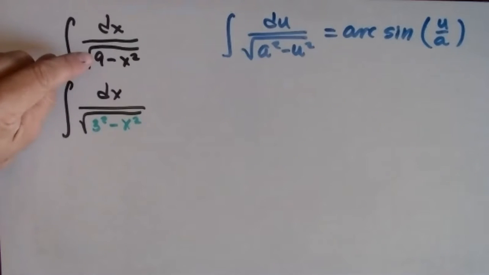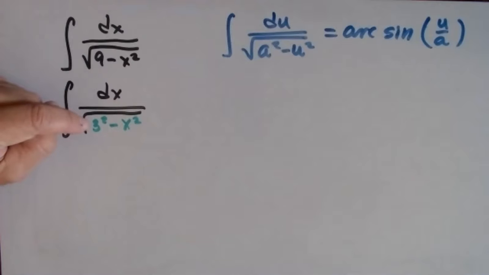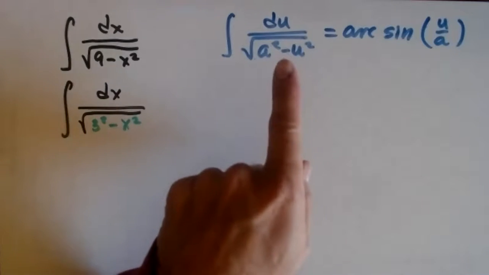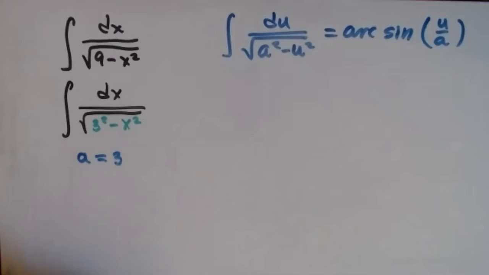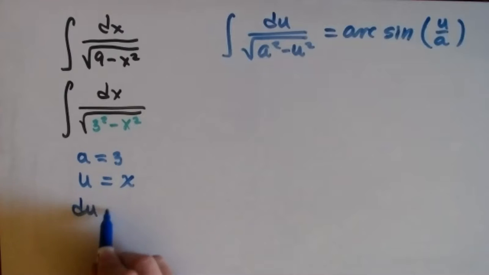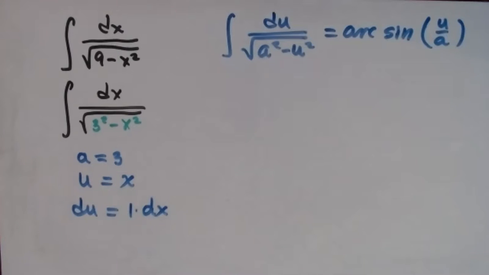So I have a 9. Well, 9 is 3 squared. Now I have this matching completely. Here, my a is 3, my u is x, and the du is the derivative of this times dx.